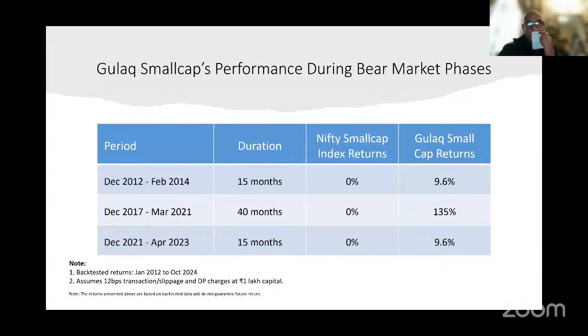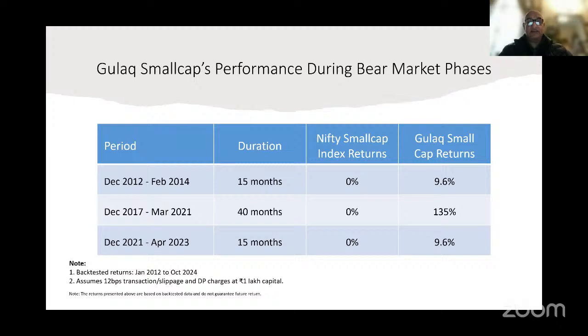Now, one question we always get is how these portfolios would have done in different bear market phases when the returns were not good. So we picked three periods of 15 months, 40 months, actually, two of them are 15 months, in which the returns from the index were zero.